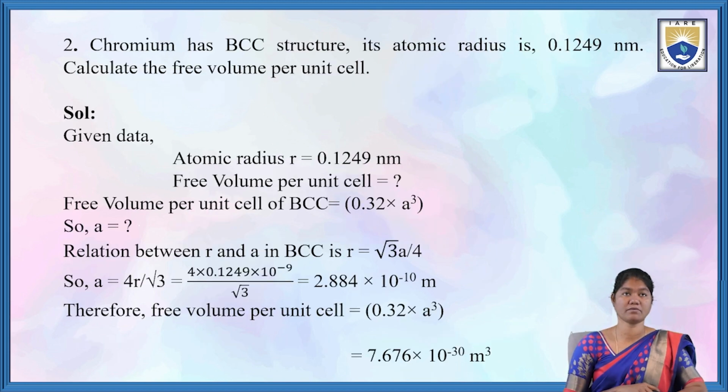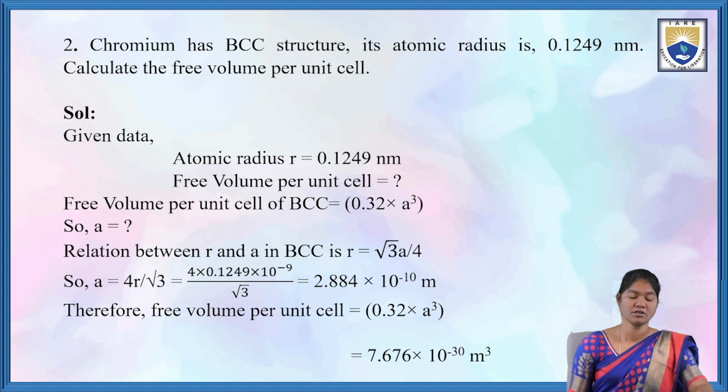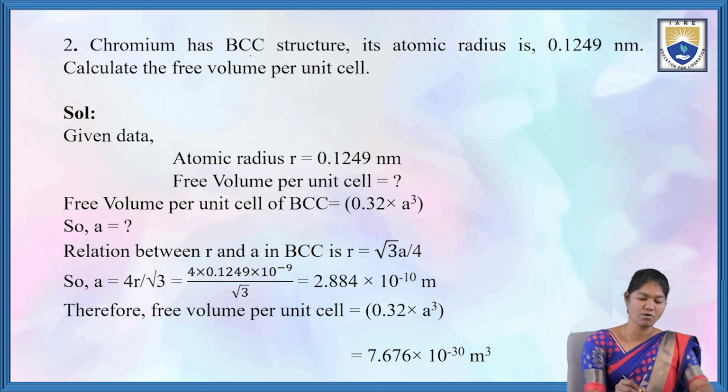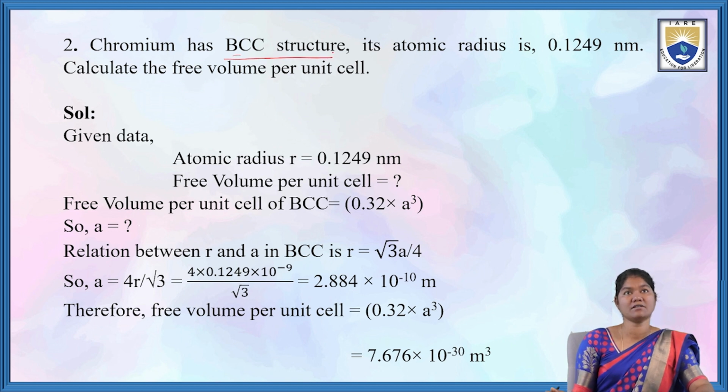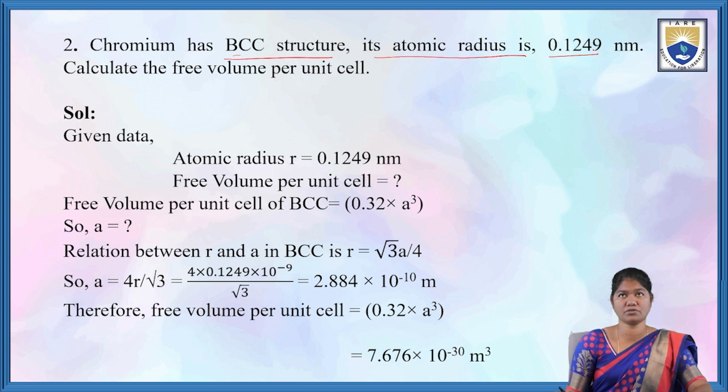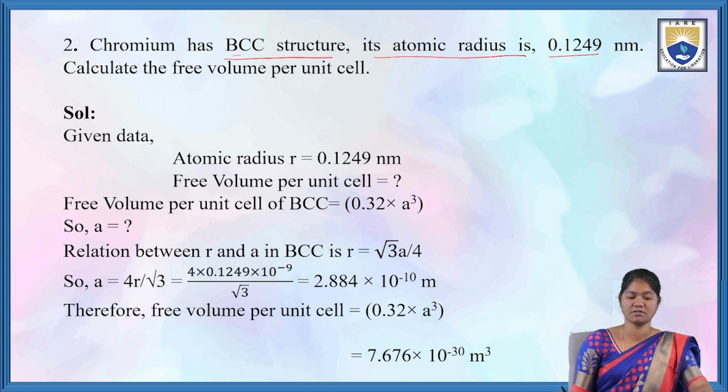Next problem. Chromium has BCC structure. BCC means body-centered cubic structure. So chromium has a body-centered cubic structure, and this chromium has atomic radius 0.1249 nanometers.